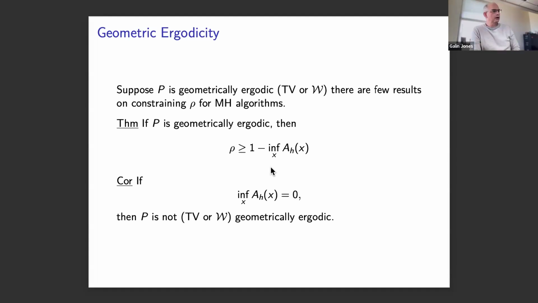And so, this gives us a way, if we can talk about when this acceptance probability, this infimum will be close to 0, it'll give us similar information as to what the previous couple of slides did. It'll help us explain when rho is going to be close to 1, meaning that even though a Markov chain is geometrically ergodic, the convergence will be very, very slow.